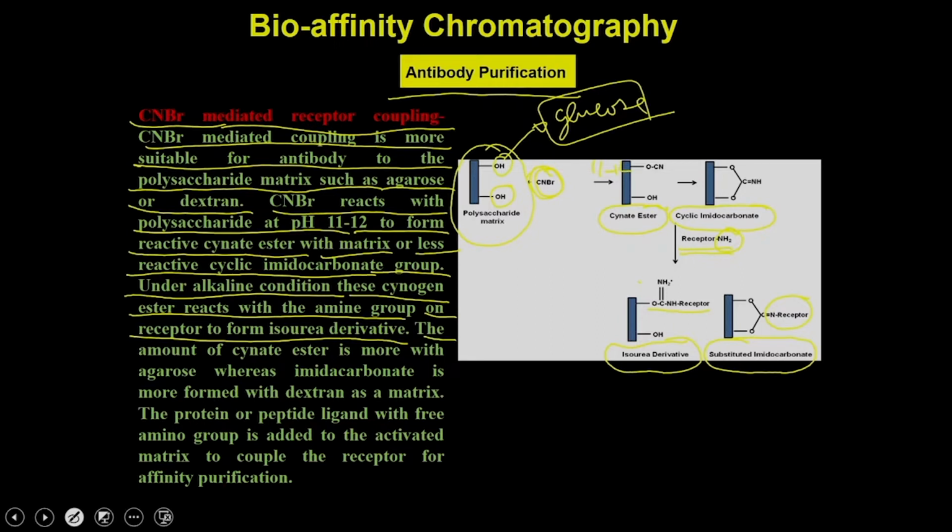The amount of cyanide ester is more with the agarose, whereas the imidocarbamate is more formed with the dextran as a matrix. So, when you react the CNBr with the polysaccharide matrix, which could be of dextran origin or agarose origin, the cyanide ester or the cyclic imidocarbamate are generated in different proportions.